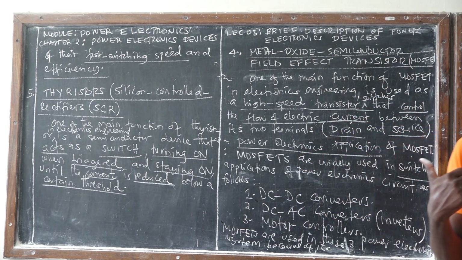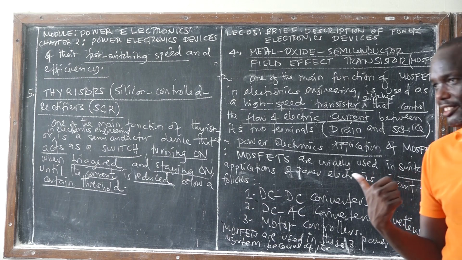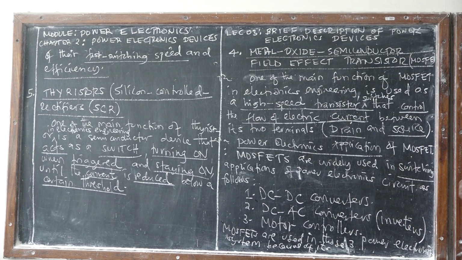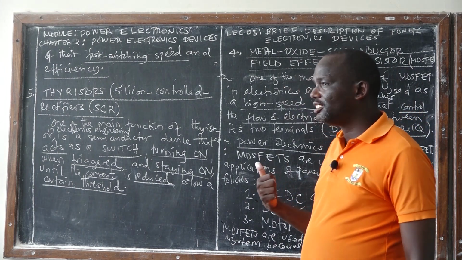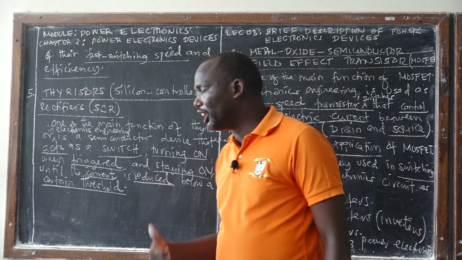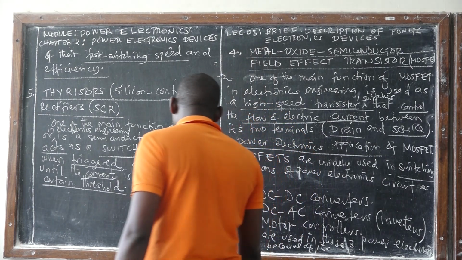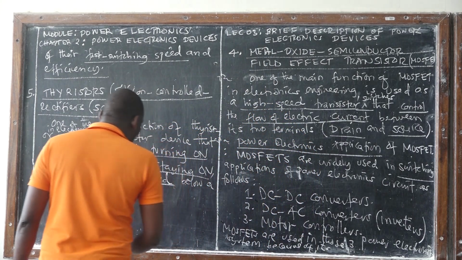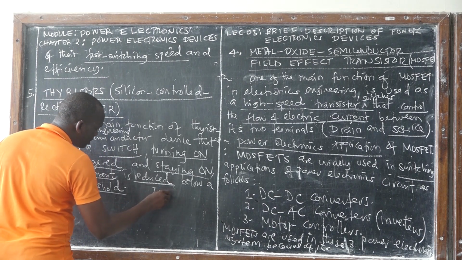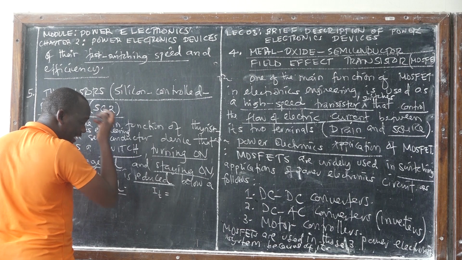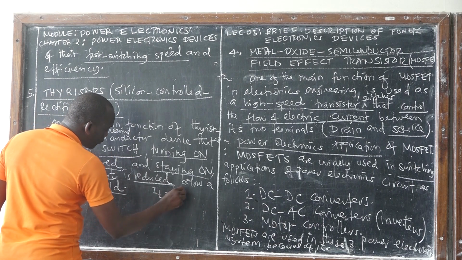by another external signal from another electronic circuit, and it stays on until the current has been reduced below a certain threshold. For instance, let's say that the triggering current is 20 milliampere.